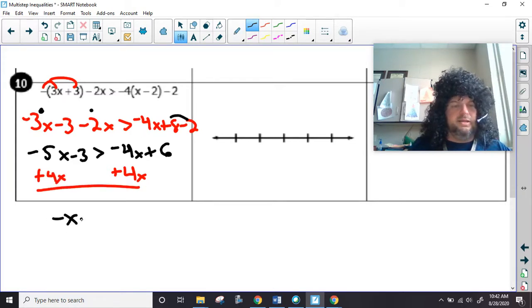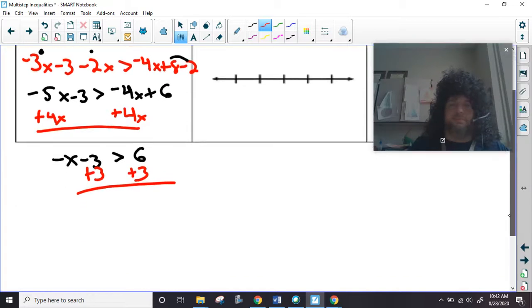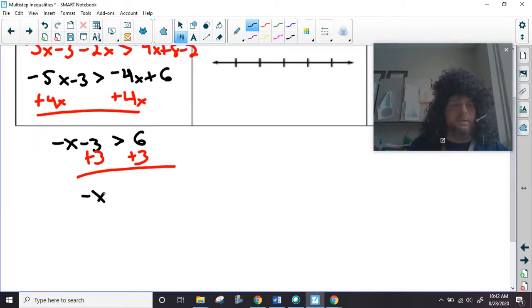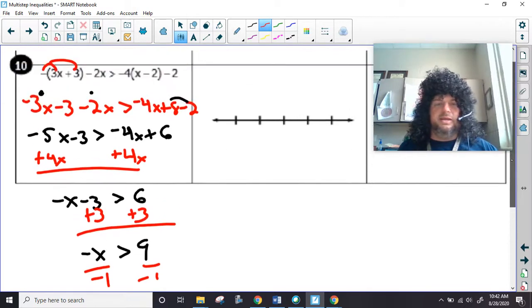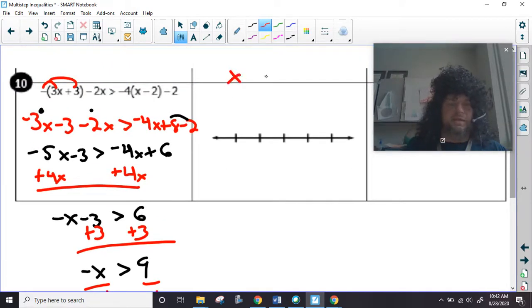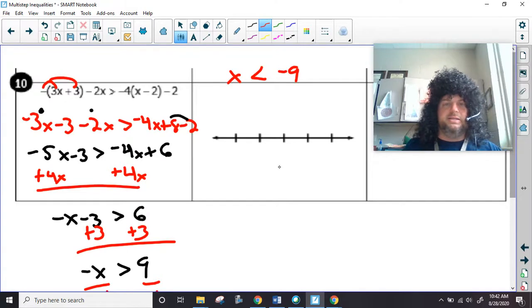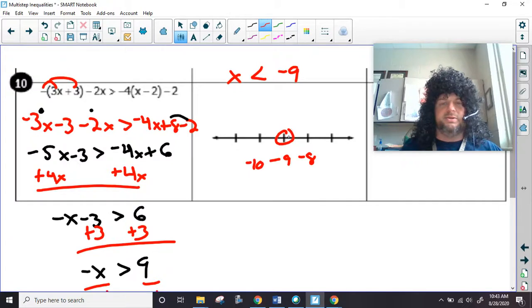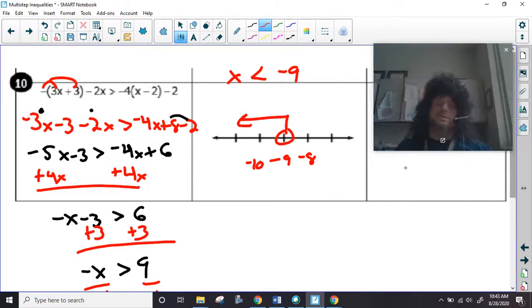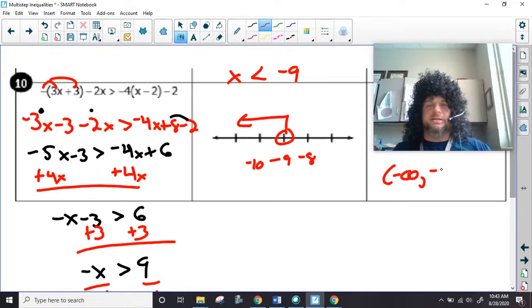That gives me negative x minus 3 greater than 6. Add 3, add 3. Negative x is greater than 9. Now, I got to divide by negative 1, or I can multiply. It doesn't matter. And I end up getting x is less than negative 9. So negative 8, negative 9, negative 10. Open circle going to the left. So this goes from negative infinity to negative 9.